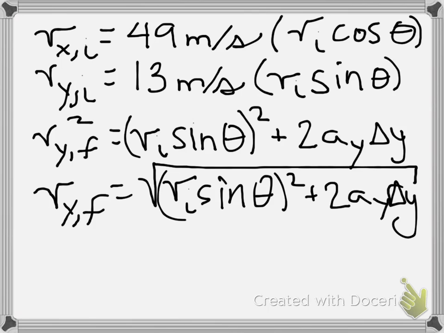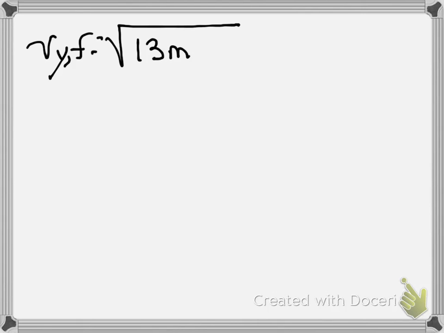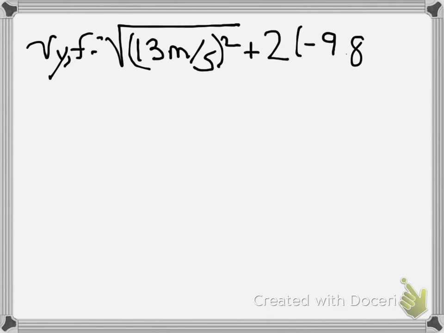So starting with that equation and plugging in my numbers, Vi sine of theta was 13 meters per second, and I have to square that, plus 2 times negative 9.81 meters per second squared.